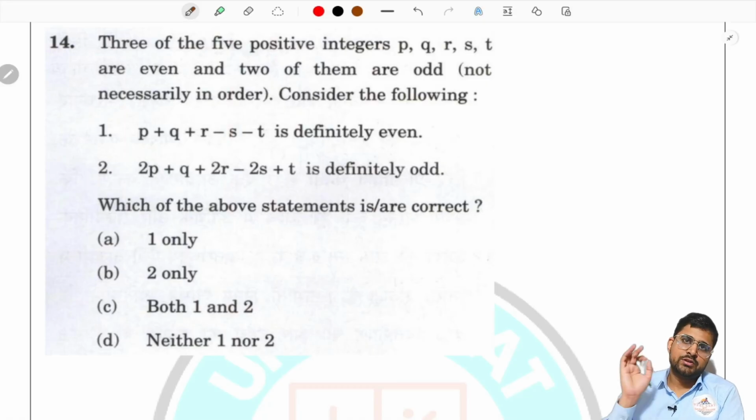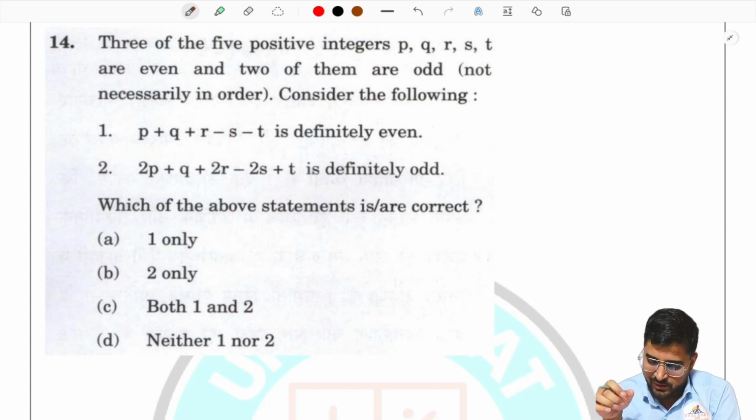This is a very good question, and students are afraid of this kind of question. I don't know why. You just need to apply basic mathematics, nothing more than that. Let's start the question. The question says 3 of the 5 positive integers are even. You have 5 integers where 3 are even.